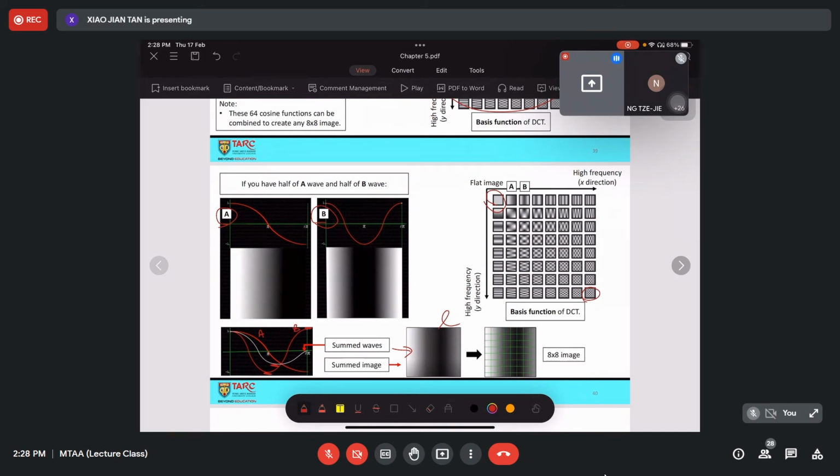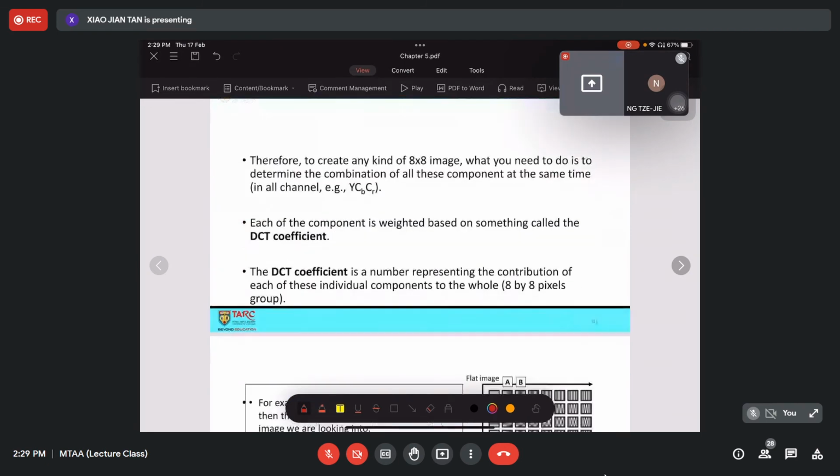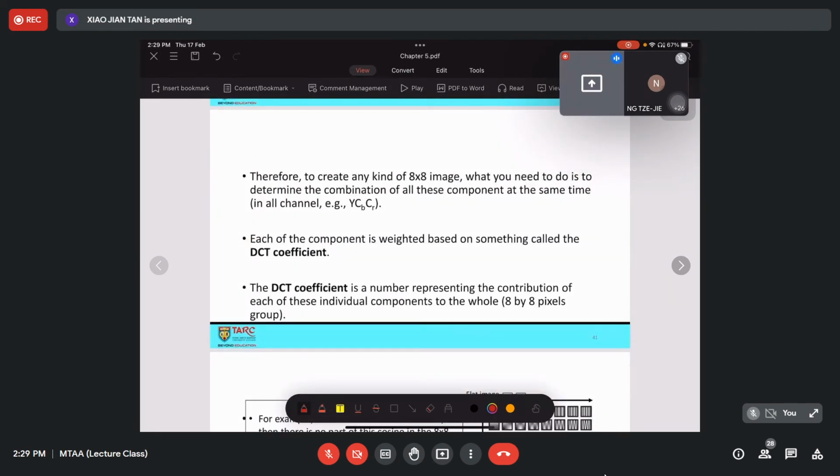But of course, you don't need to, I give you 2 or 3 waves, you sketch me the last wave, not something like that, okay, crazy. Therefore, to create any kind of 8 times 8 image, what you need to do is to determine the combination of all these components at the same time in all channels.